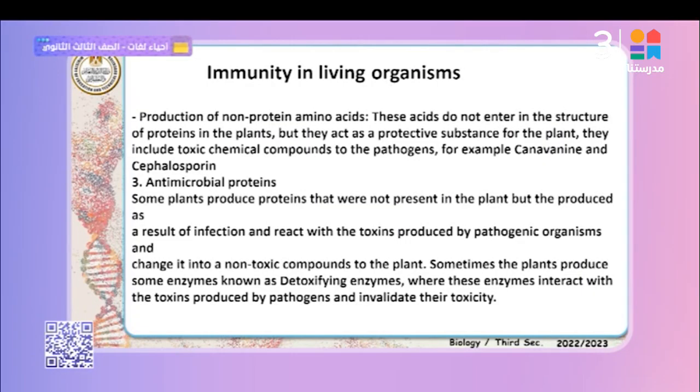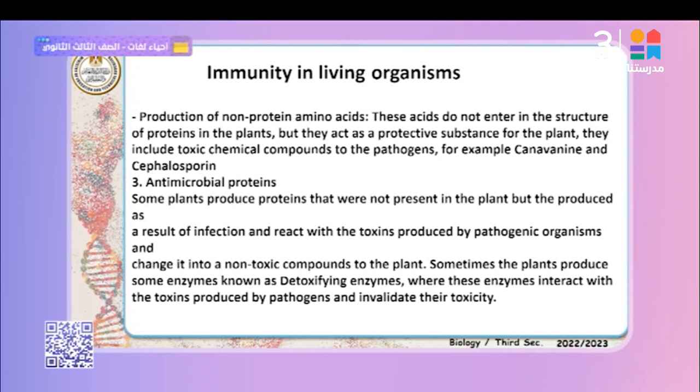Some plants produce proteins that were not present in the plant but are produced as a result of the infection, and they react with the toxins produced by the pathogenic organism, changing them into non-toxic compounds. That means they reduce the toxicity.